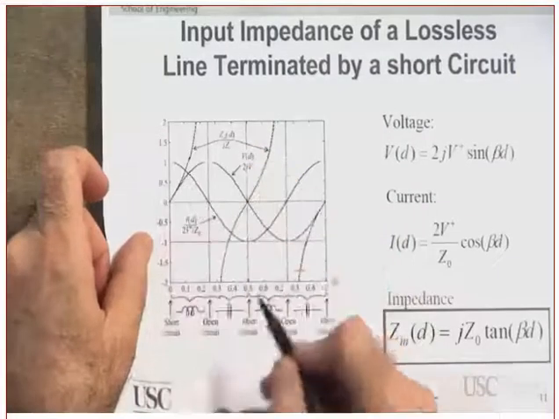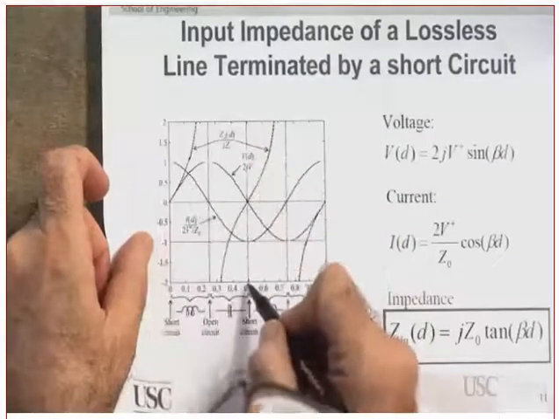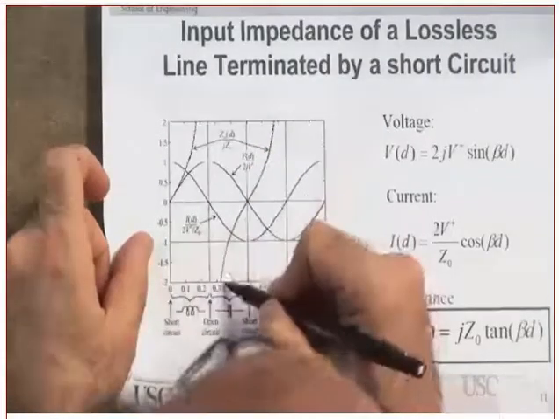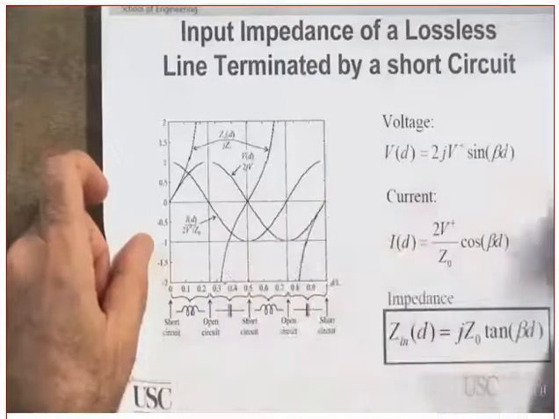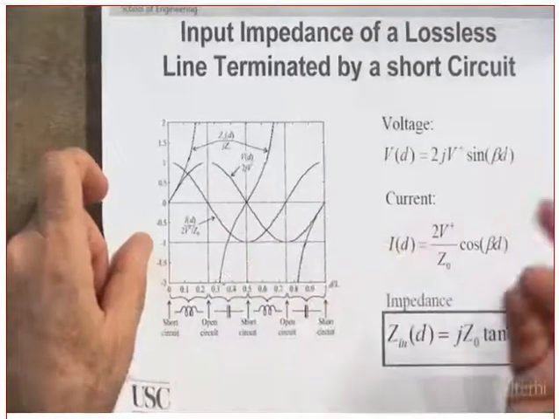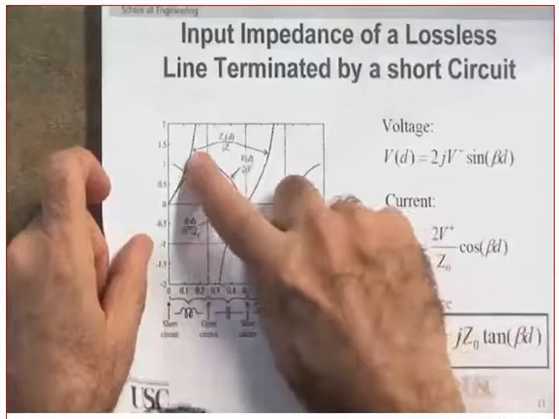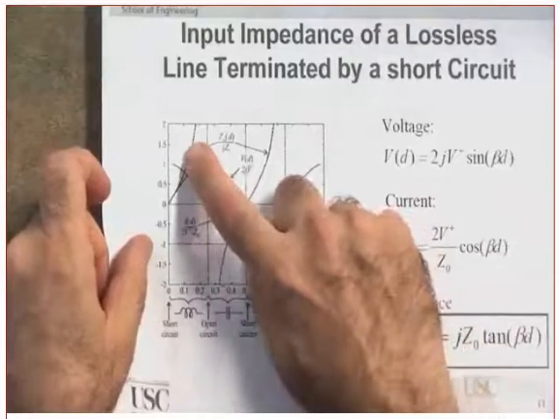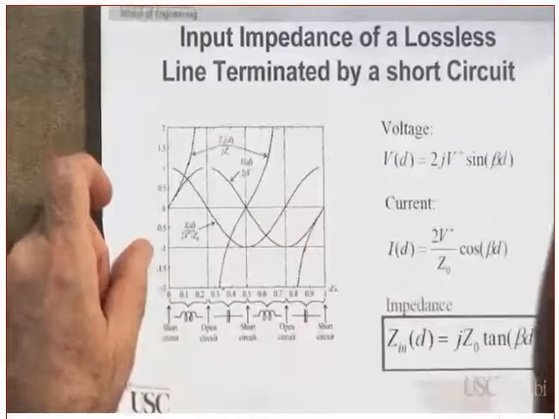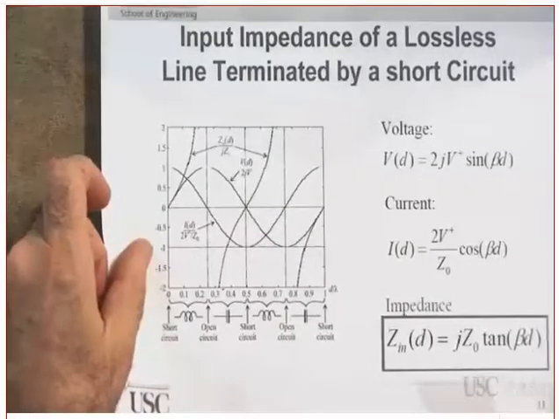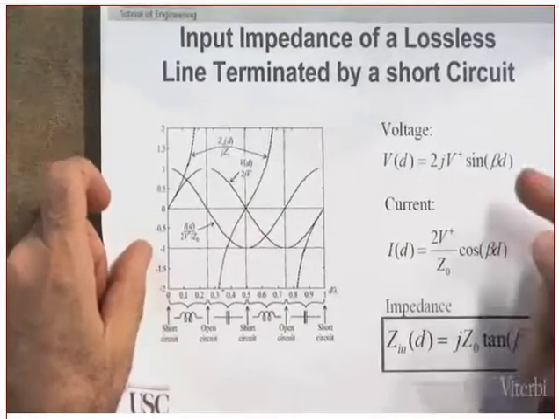Yes or no? If it is between pi over 4 to pi over 2, it is behaving as a what? Capacitive. Did you get my point or not? Yes or no? Which means what? It means that you could choose the value of an inductor if you don't have it by using a proper length of a transmission line, and you what? Short circuit it. Yes or no?